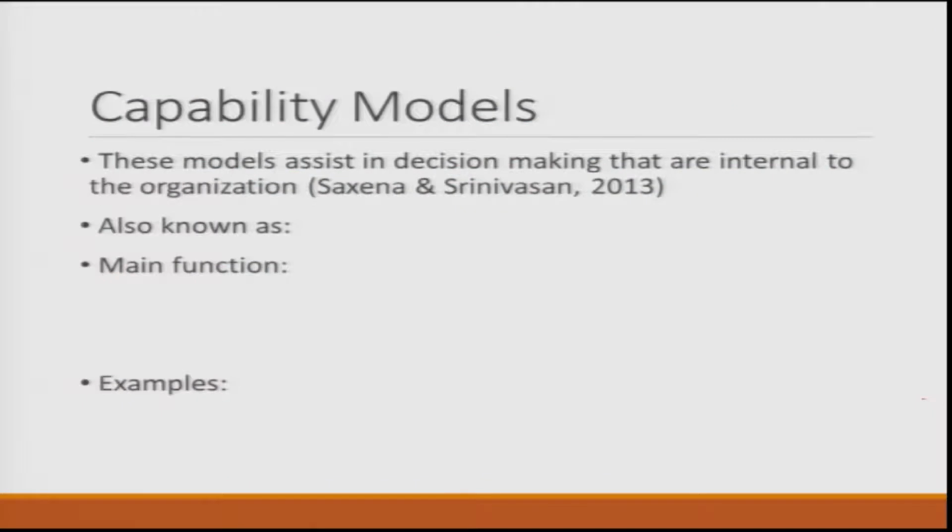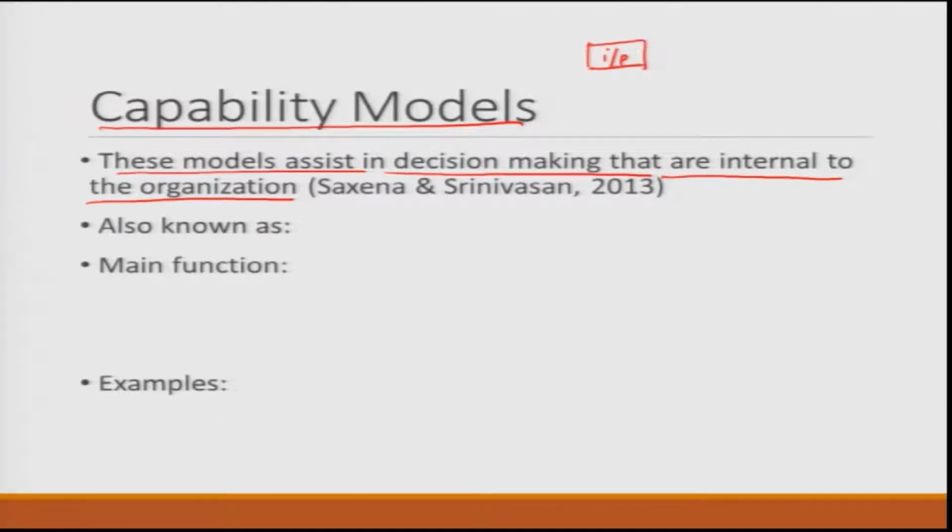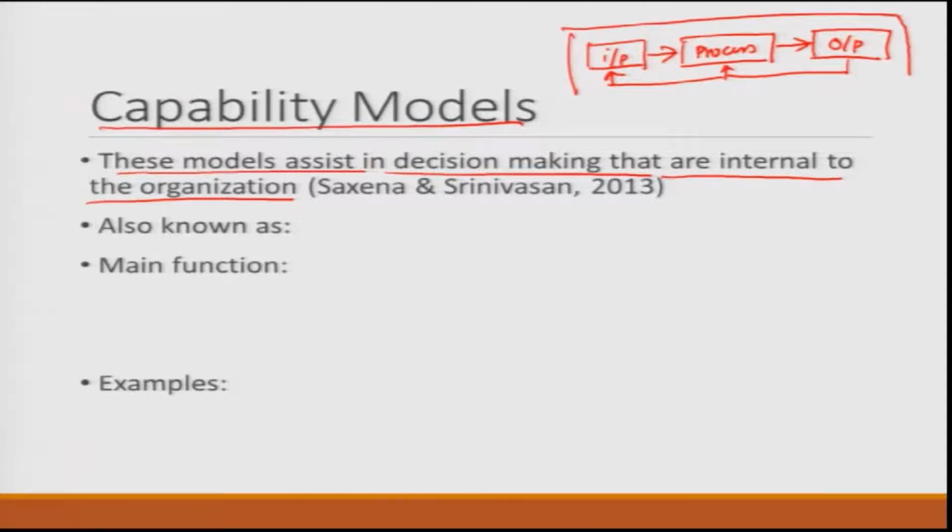The second set of models that we are going to talk about is called the capability models. As defined by Saxena and Srinivasan, these models assist in decision making that is internal to the organization. So if you want to make decisions within the organization, remember we had this input, process, output, and we had the feedback loops, and we had the boundary of the system.